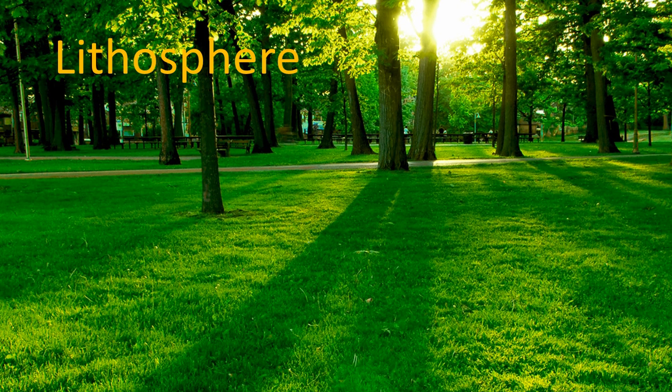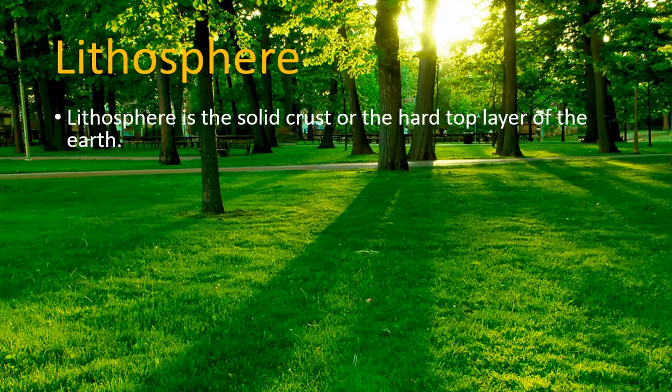Now, the lithosphere is basically the solid part of the earth where we live. The solid crust is the lithosphere, and as it is solid, it is made up of rocks and minerals.